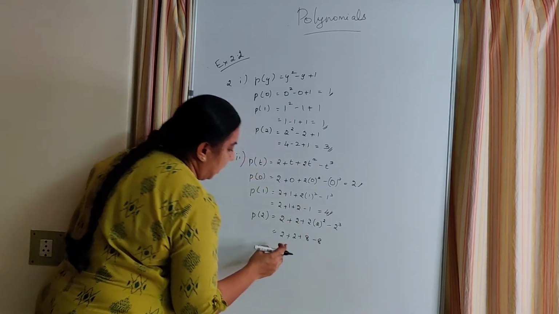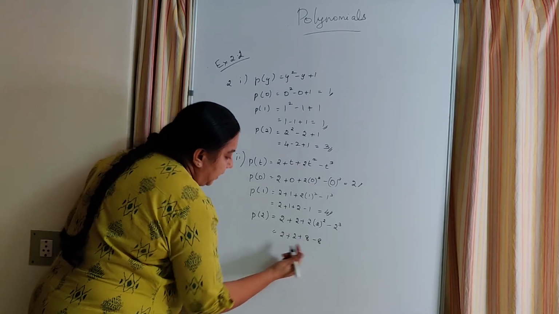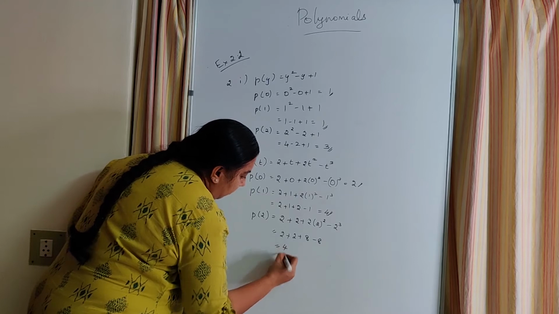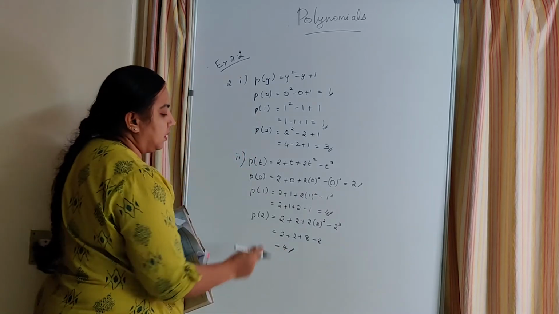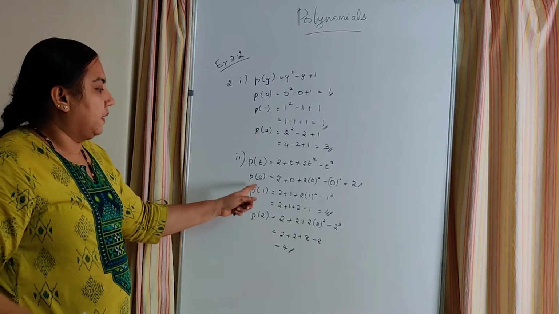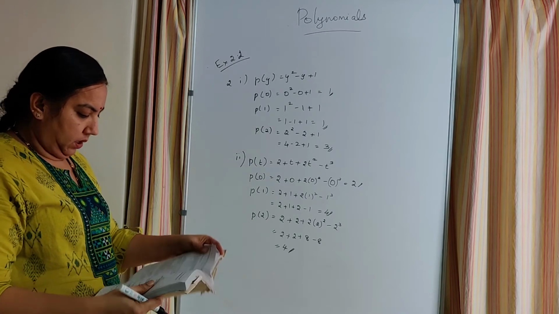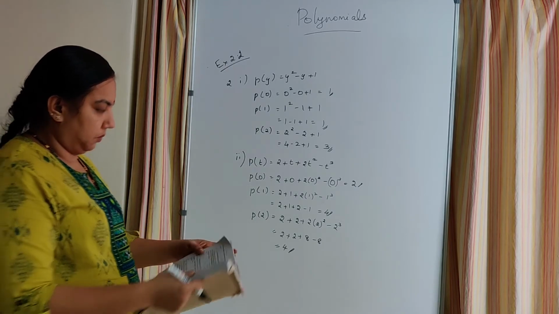Now I add up all the positive numbers and subtract it with 8, and that sums to 4 again. So these are the different values for this polynomial with the values 0, 1 and 2. We go to the third polynomial now.